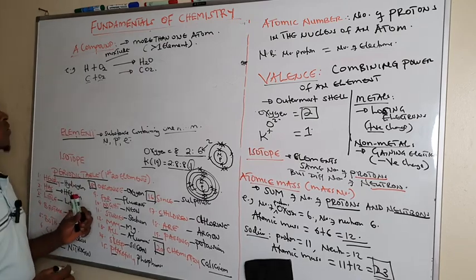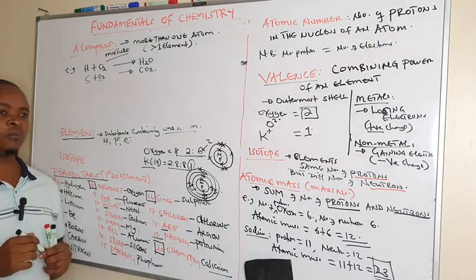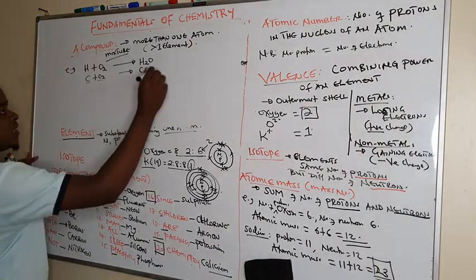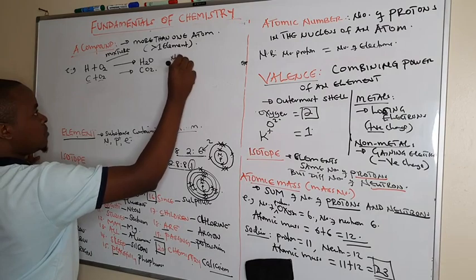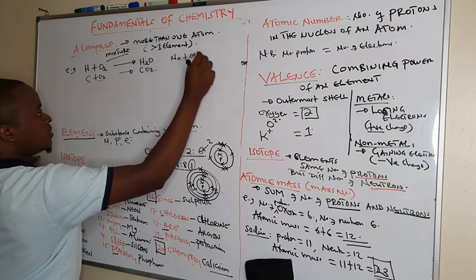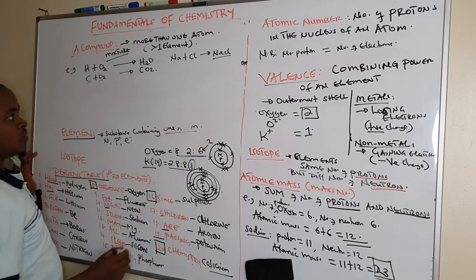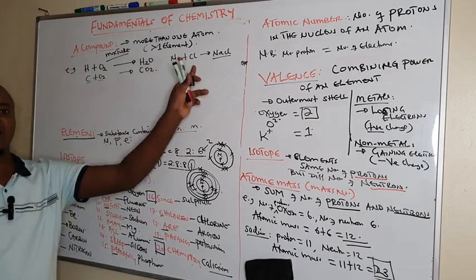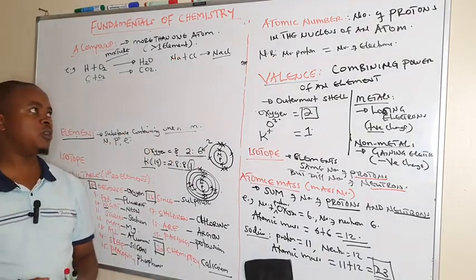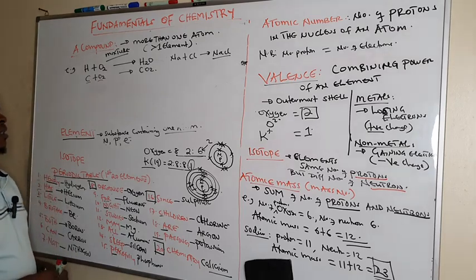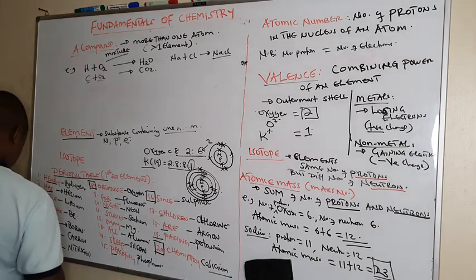Or if I get sodium and I add chlorine, I form sodium chloride. This is a compound. A combination of two elements or two atoms is what we regard as a compound.